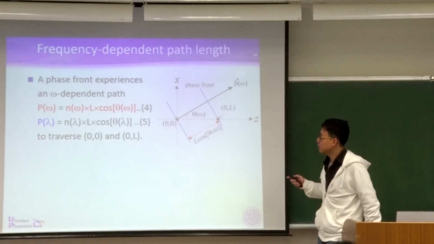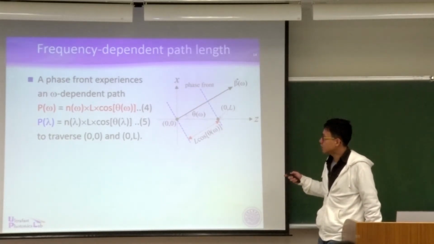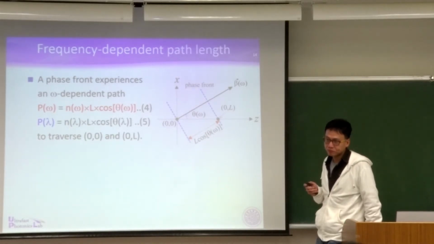Okay, so that means for a specific color, say frequency omega, the path length is not a constant L, but a function of omega.